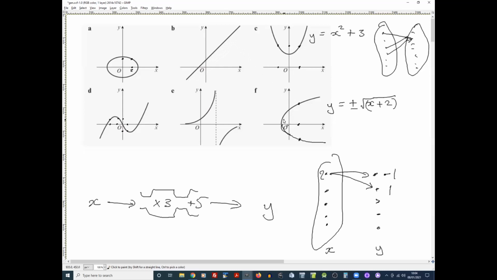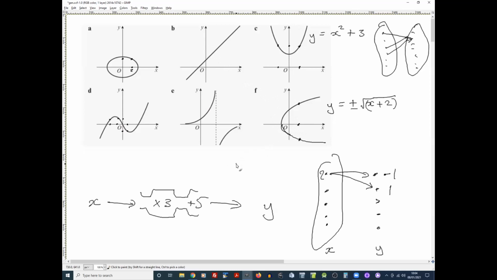Whereas this one here is increasing, then changing its mind and decreasing, and then increasing. So when you say a function or relation is increasing, you mean increasing all the way, which is what these two have in common. They never loop back on themselves.